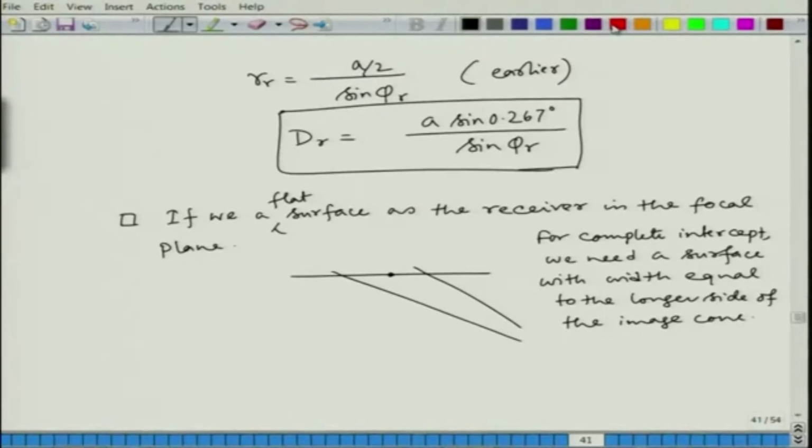Okay, that means, so, this is the longer side, right. So, if we have a receiver of width of this longer side, then from one end you will have interception here and for the other end you will have the interception here, right.